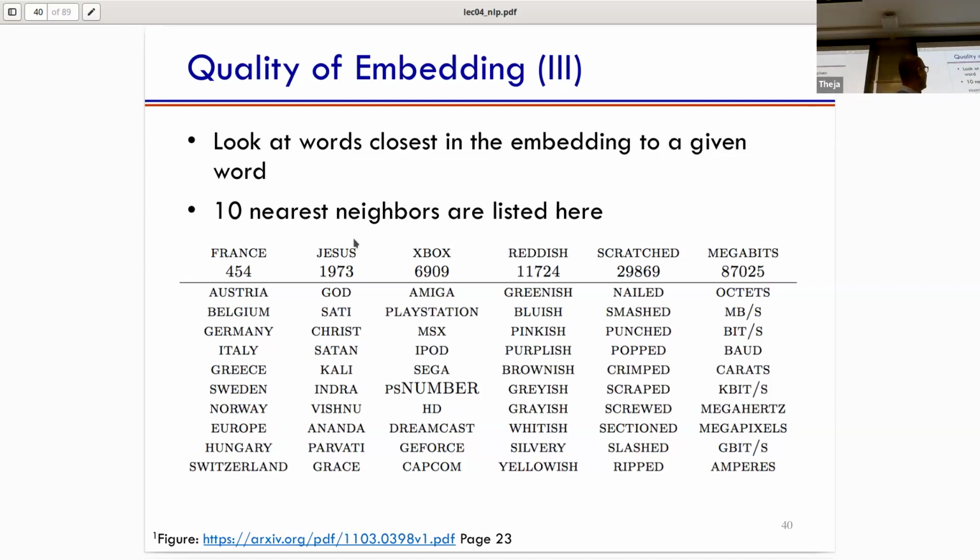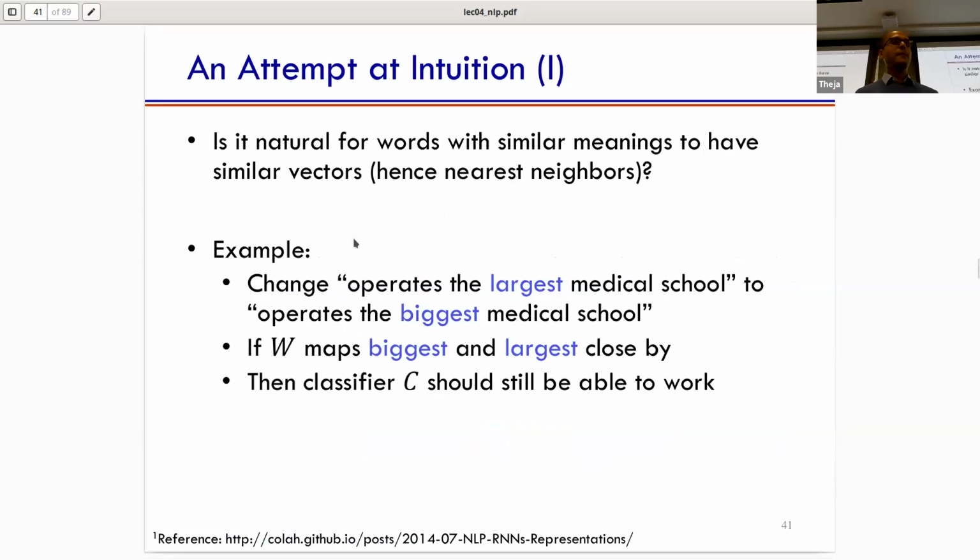So here, for example, are the nearest neighbors of France in this particular paper from 2011, 12 or 13 years ago. These are the words they got as the nearest neighbors to that representative word. So they're saying that this shows the embedding is reasonable, pretty decent.